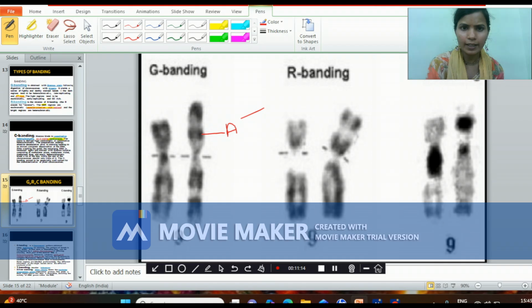In R banding, the darkest region is GC. And in C banding, the darkest region is the centromere. This is called C banding.